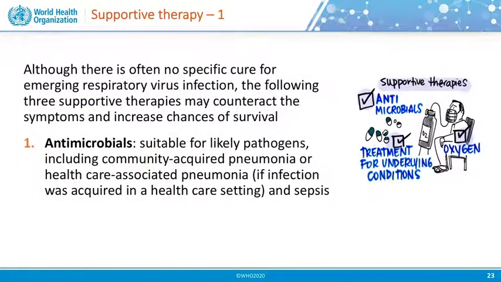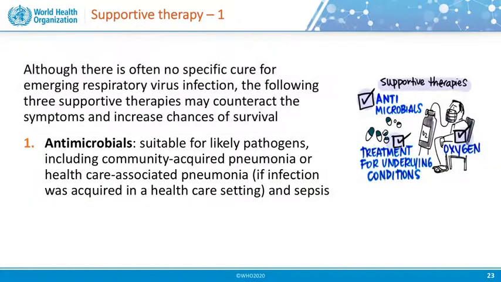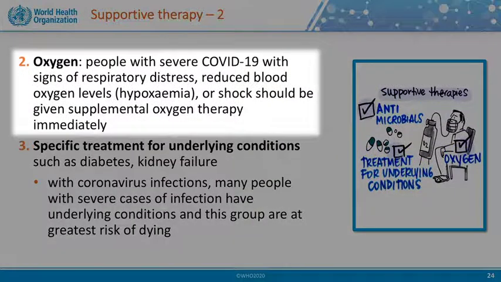Although there is often no specific cure for emerging respiratory virus infection, the following 3 supportive therapies may counteract the symptoms and increase chances of survival. 1. Antimicrobials, suitable for likely pathogens including community-acquired pneumonia or healthcare-associated pneumonia and sepsis. 2. Oxygen.